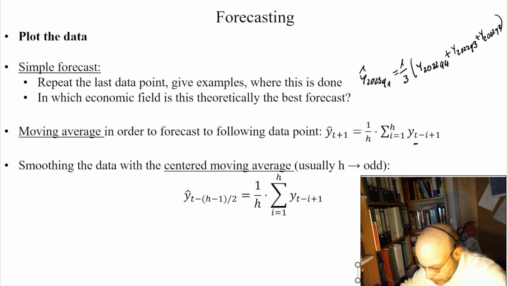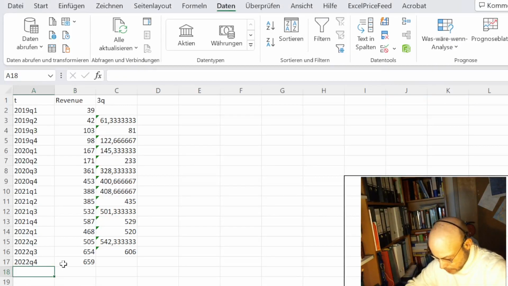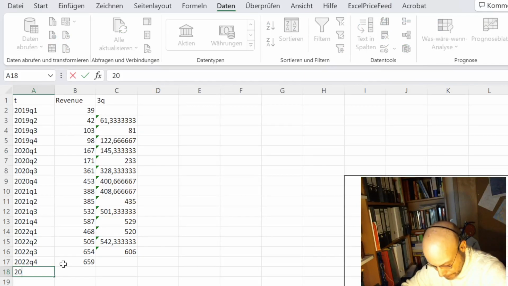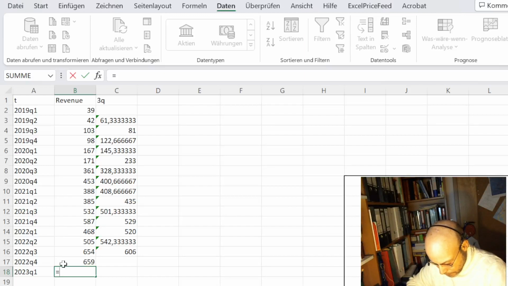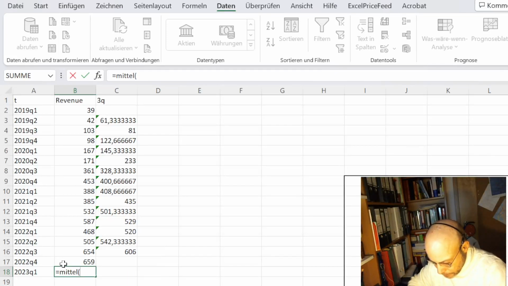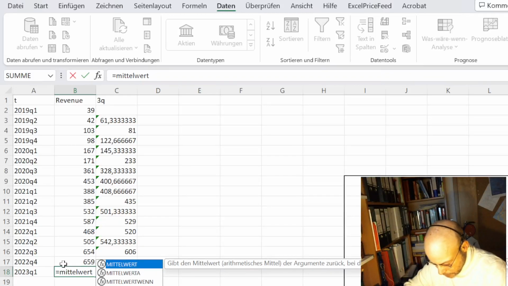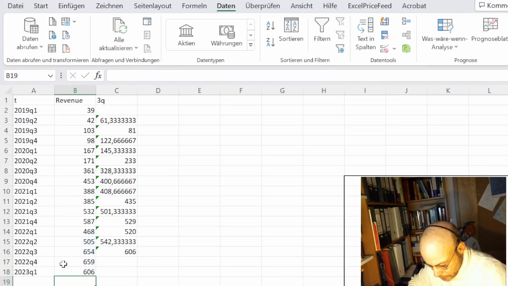And going back to Excel, for 2023 Q1 would be then the average of our three values here.